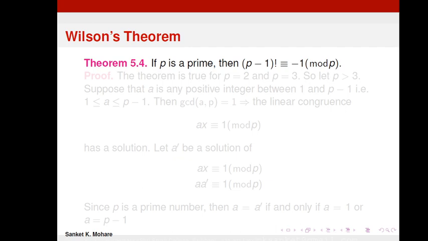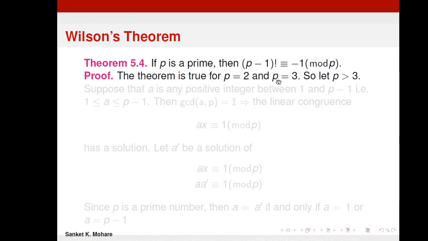So let's have the proof. The theorem is true for p equals 2 and p equals 3. If we put the value p equals 2, then 2 minus 1, that is 1 factorial, and 1 factorial is congruent to minus 1 modulo 2, because the difference of 1 and minus 1 is 2 and 2 divides 2. So for p equals 2, the theorem holds.